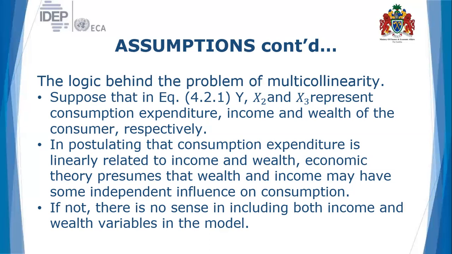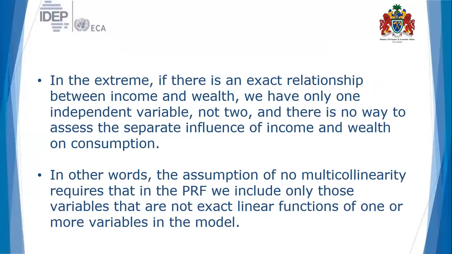We can also determine the influence of income on consumption expenditure independently. If not, in other words, if these two, income and wealth, are not independent, then there is no sense in including both income and wealth variables in the model because they are influencing each other. So in essence, it means they represent one variable.